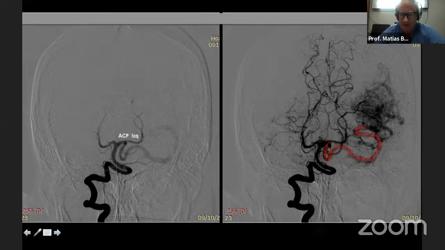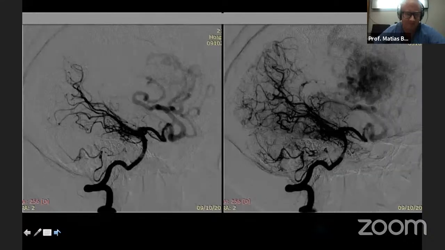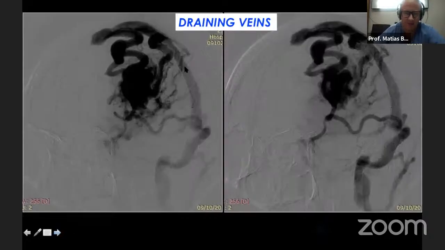We can observe here a posterior communicating artery in a fetal configuration that reaches the inferior pole of this AVM. Here, this is a lateral projection in order to observe this hemodynamic event.